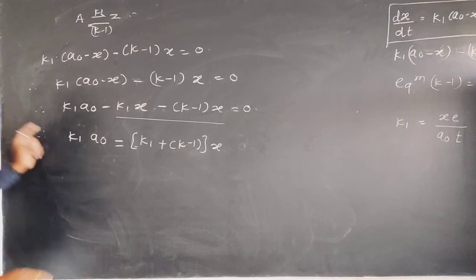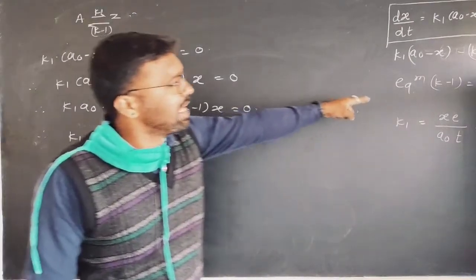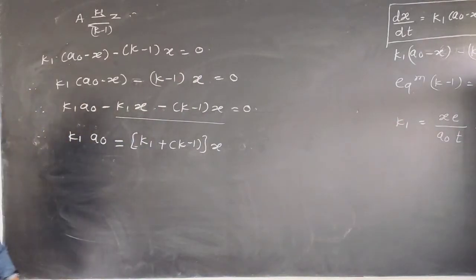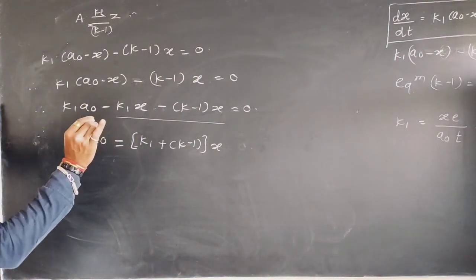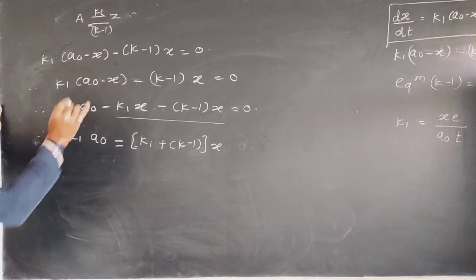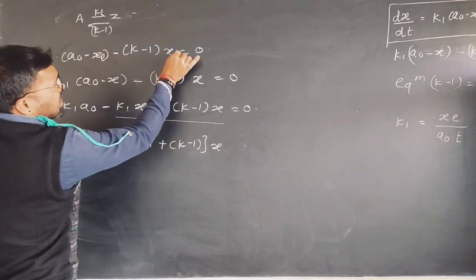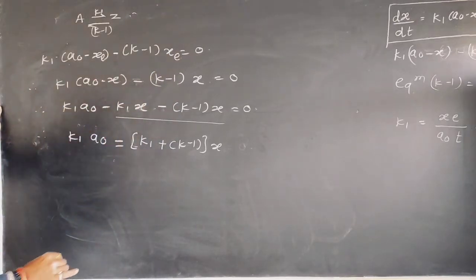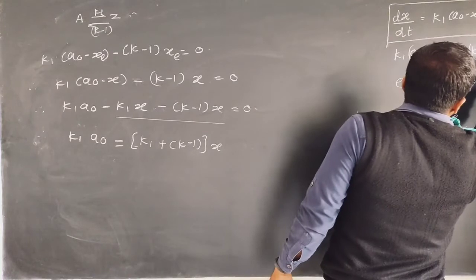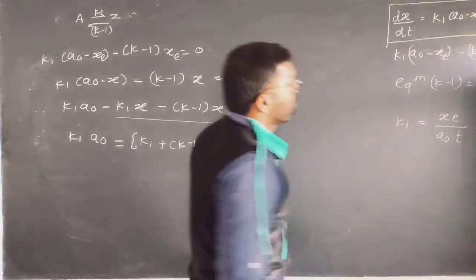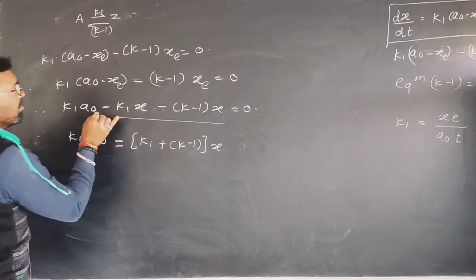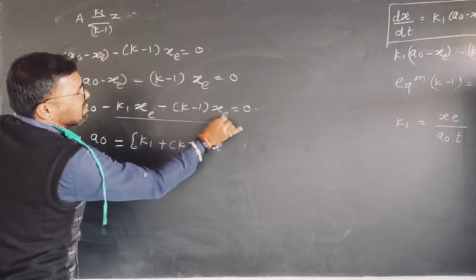Now I want to find the ratio of Xc and A0. Here I am taking the equilibrium concentration. I just change this value to equilibrium, so at equilibrium this value is considered.